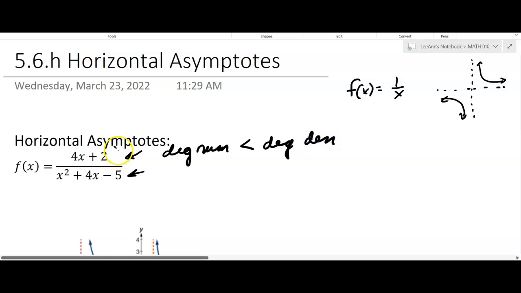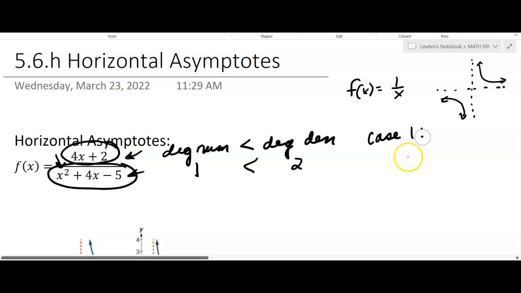Let's just say the degree of the numerator here is 1, and the degree of the denominator is 2 because it has an x squared. And so in this case, we have 1 is less than 2. So this is case 1. And what it means is that the horizontal asymptote is at y equals 0, or that's the x-axis.